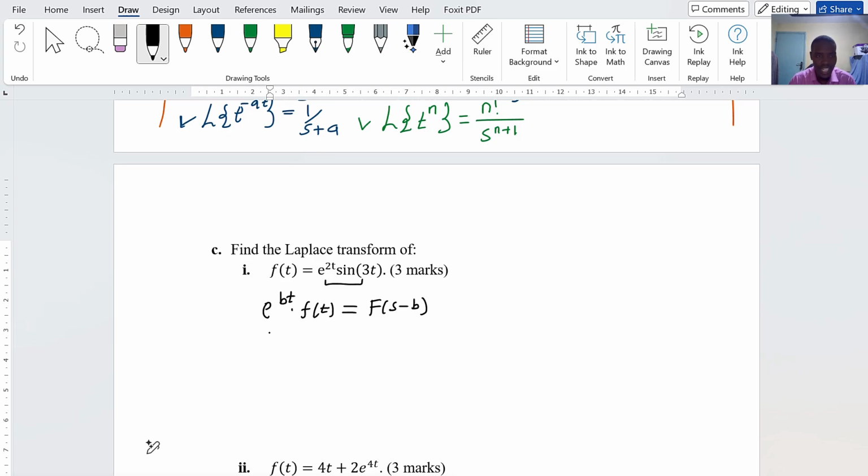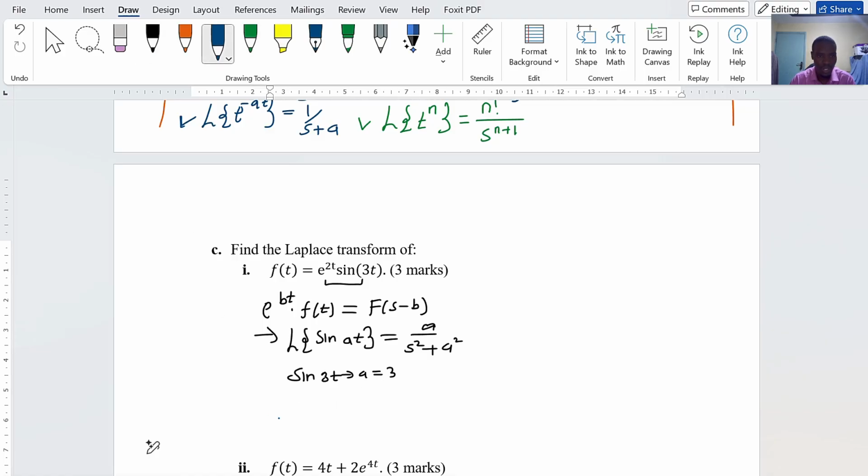Now the first thing, let's get the Laplace transform of sine 3t, applying what we have learned. Let me recall that for you: sine at is the same as a over s squared plus a squared. Now if you have sine 3t, our a is 3.